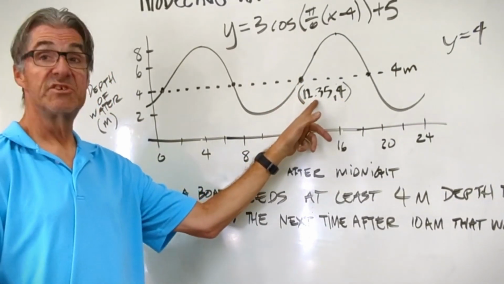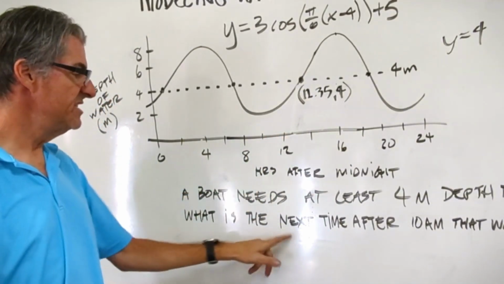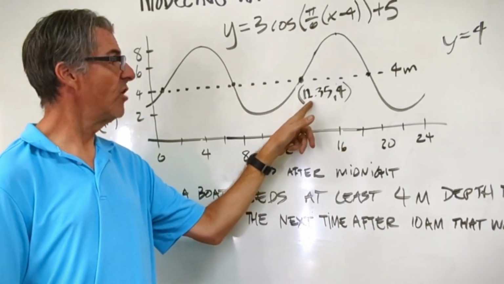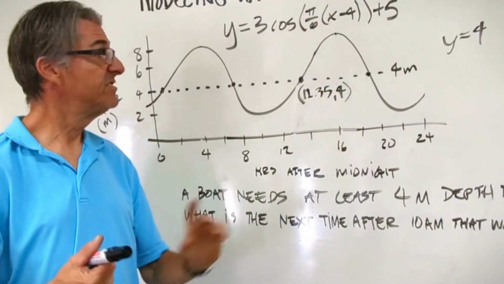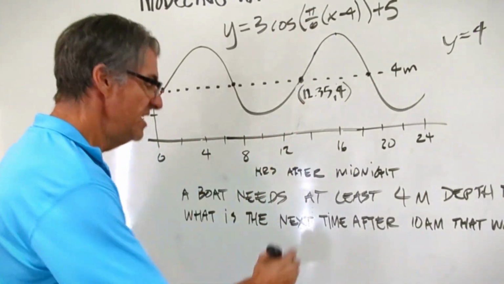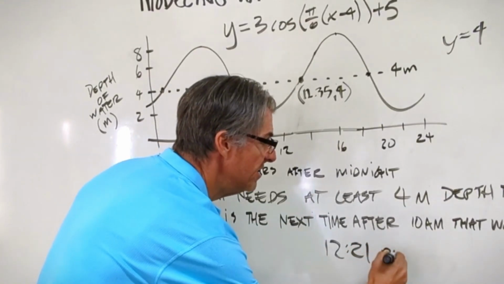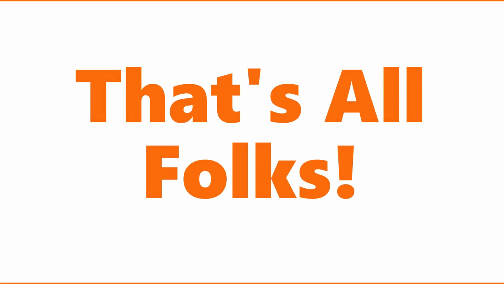So this one is representative of the time, but we're not quite there because it says, what is the next time? This is decimal time, 12.35 hours. When we talk about time, we want minutes. So 12.35 is actually 12:21 p.m. So a full points answer would actually have to go all the way to that.